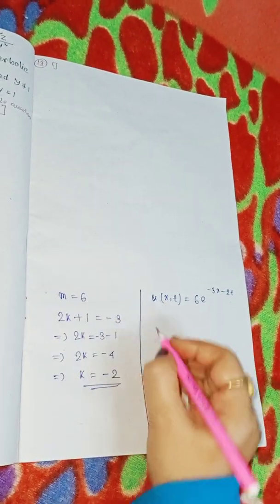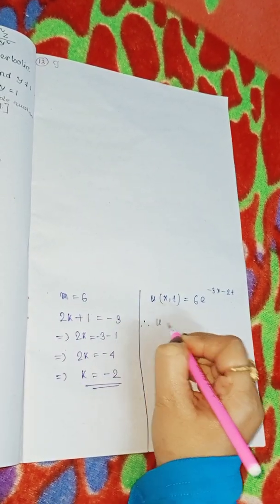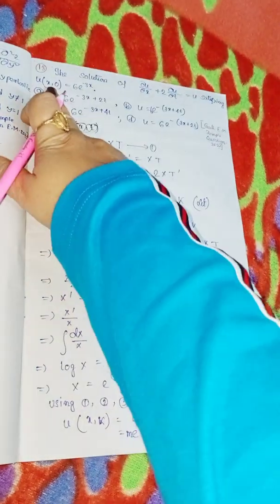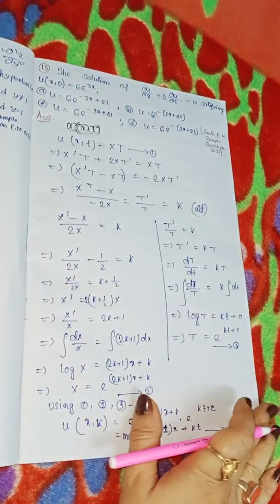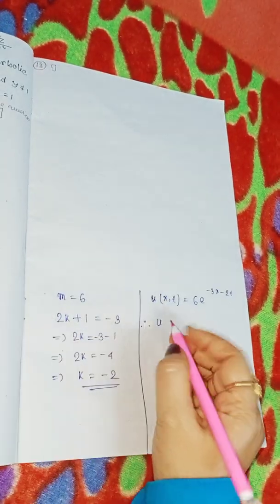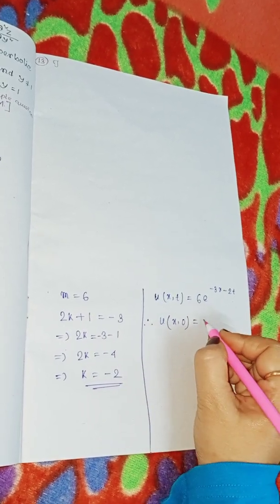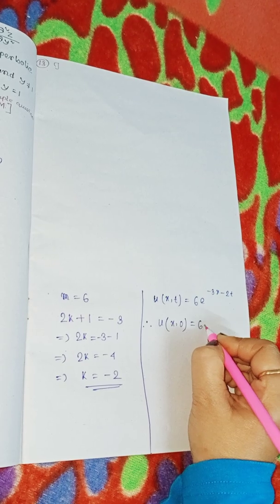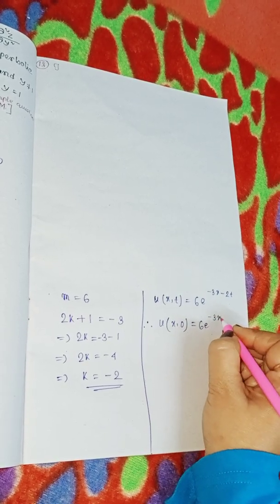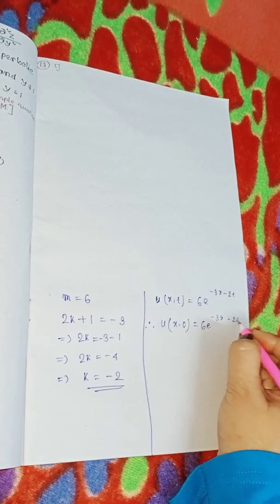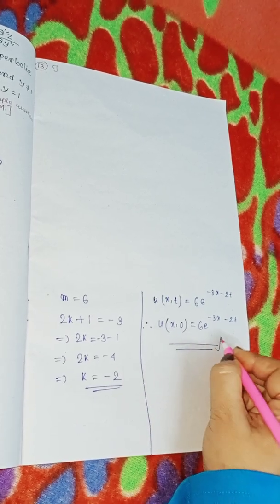So therefore, we should calculate the value u of x comma 0. So here u of x comma t is equals to 6 into e to the power minus 3x minus 2t. So we reached it, it is our required solution.